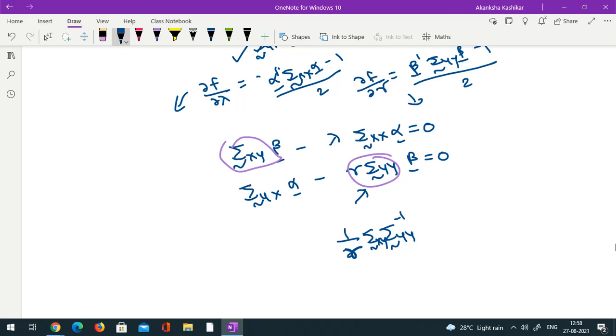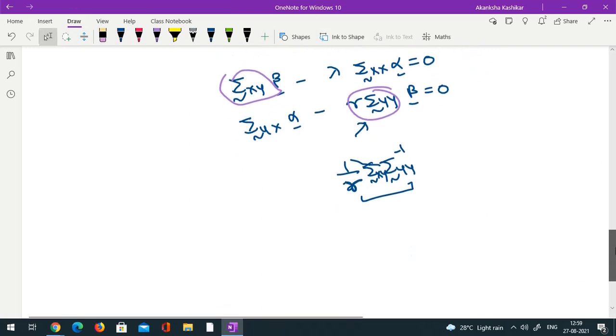Is it okay? First of all, matrix multiplication wise, are these compatible? Are you following what I am trying to do?